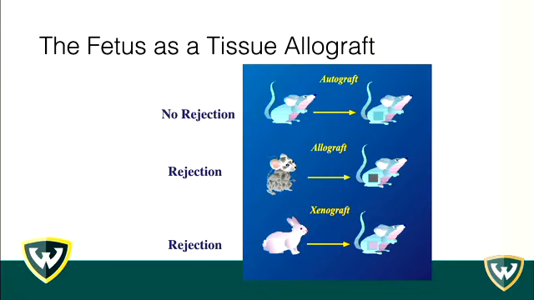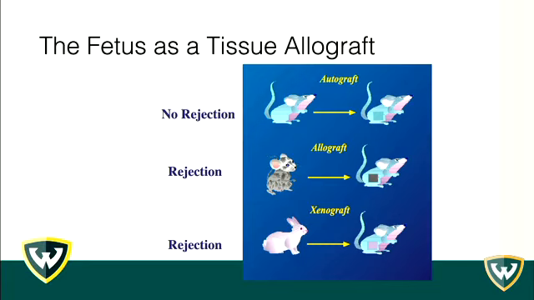However, if we take a piece of skin from, let's say, the father and put it in the mother, that is two different individuals, it's an allograft and there is a rejection. The third type of transplant is when you take tissue from a different species and transfer it to another species. That is a xenograft and it is rejected.